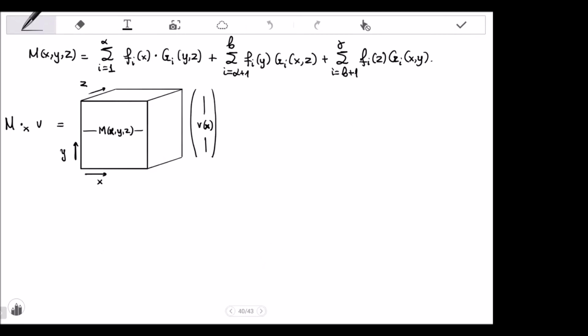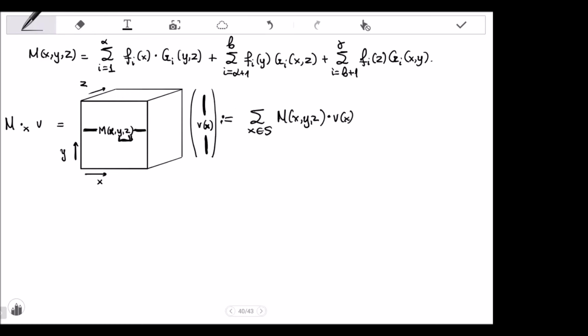We want to take the product of our three-dimensional matrix with a vector, and I should write what this means. For every fixed y and z, I am, as I said, taking the inner product of this line with this line, so it should be the sum over all x in S of m of x, y, z times v of x.